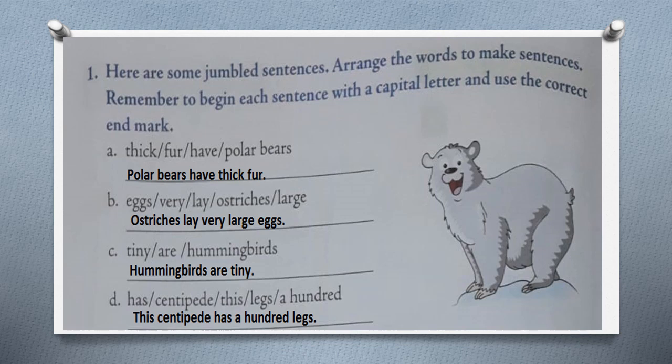Here is given: tiny are hummingbirds. We can write: hummingbirds are tiny. See the D part. Has centipede, this legs are 100. We can write: this centipede has 100 legs.